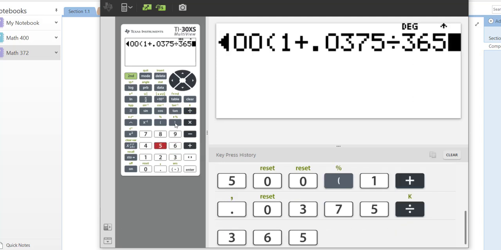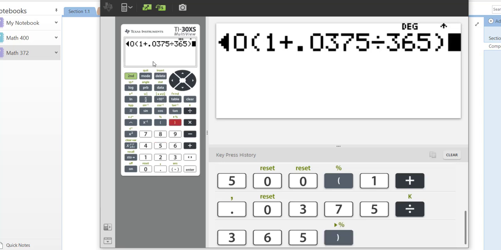Your calculator will automatically do order of operations, so you don't necessarily have to put parentheses around the 0.0375 divided by 365, because your calculator will do the division first and then do 1 plus that result. If you wanted something like 1 plus 0.0375 and then the whole thing divided by 365, then you definitely need parentheses around the 1 plus 0.0375. Again, because your calculator will automatically do order of operations. So in this case, it's fine.